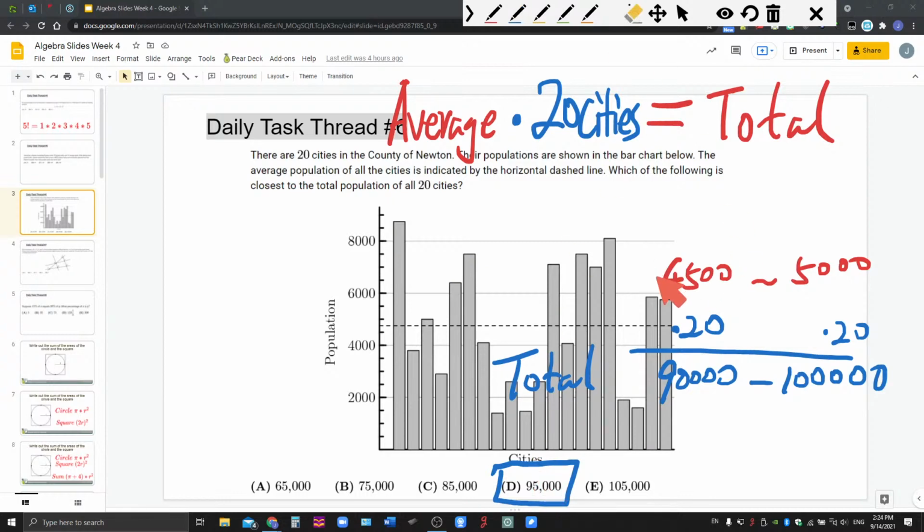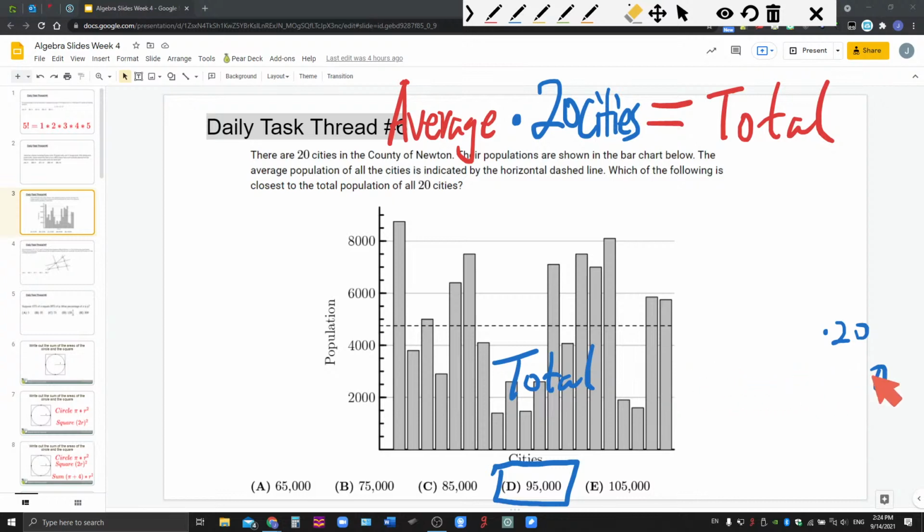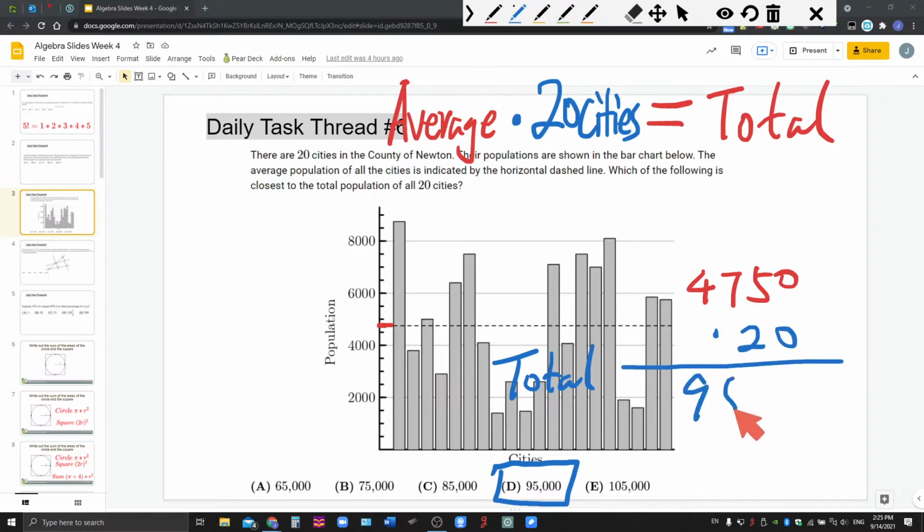And actually, if you read the graph accurately enough, you can probably see this is likely 4,750. Okay, if you can read this to be accurate enough, this average multiplied by 20 will give us exactly 95,000.